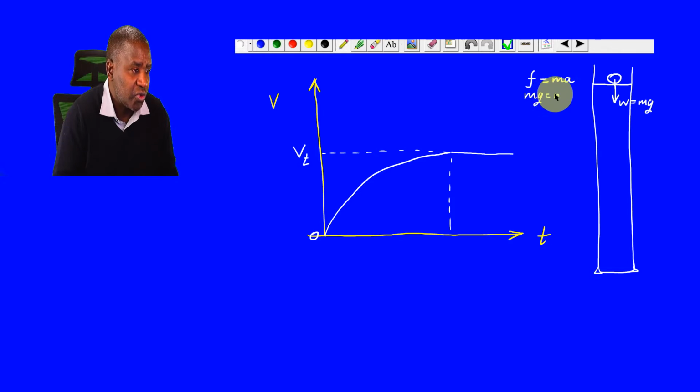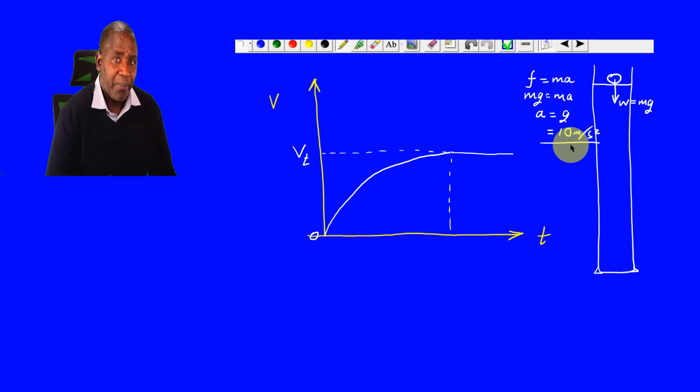This is going to be equal to ma. And when the m's cancel out, you're going to find that the acceleration of the object is equal to the acceleration due to gravity. And remember, g, we can take its value to be roughly 10 meters per second squared. So initially, upon release, at that instant when you just release it, the acceleration of that sphere is equal to the acceleration due to gravity.